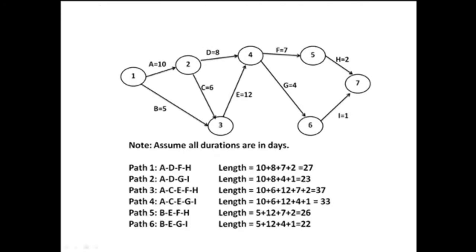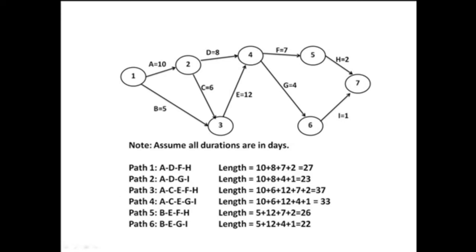Let's look at some of the actual paths of the workflow. Path 1 goes from node 1, the start of the project, through nodes 2, 4, and 5, and then to node 7, the end of the project. The actual work activities are A, D, F, and H, with the path having a length of 27 days. Now let's look at the longest path. It's path 3.